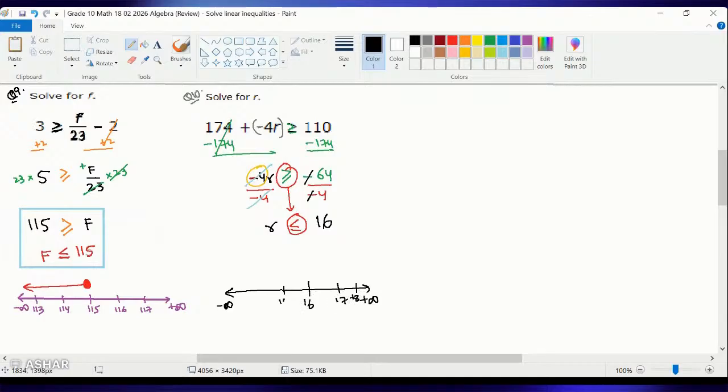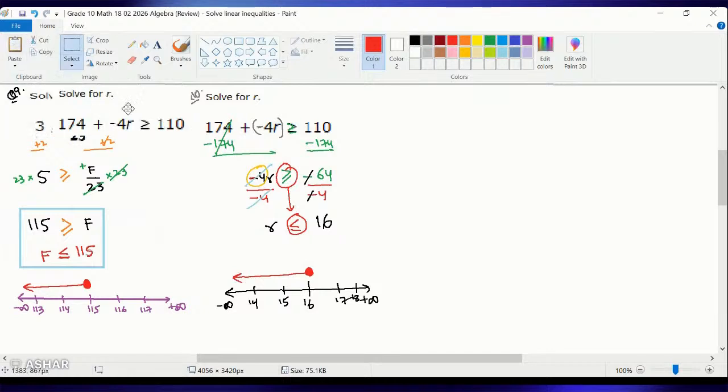This was 15, 14, and so on, right? The numbers can decrease on this side. So what we can say is the value of R is less than or equal to 16. It could be 16 because it has an equal sign, or less than 16. These are the answers on the number line.